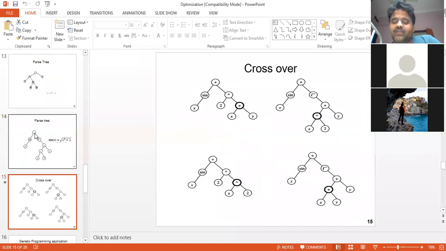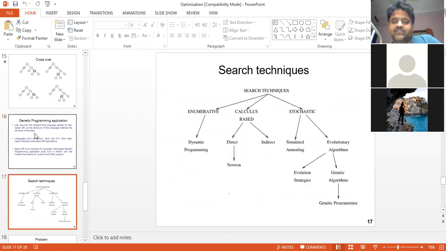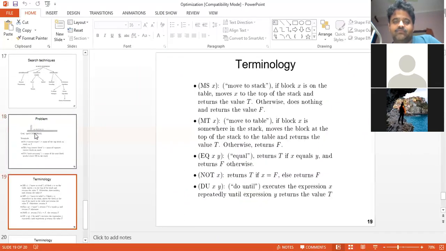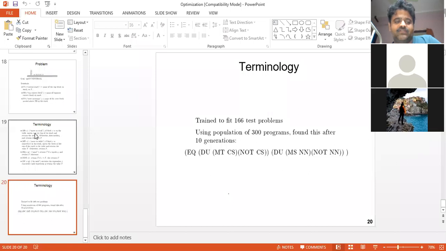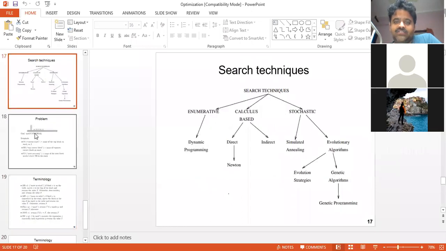How the crossover application can be useful in genetic programming: this is the best example. And where the exact applications of genetic programming can be useful. These are the different search techniques. This simple problem is useful to understand the manipulations we can do inside the memory, which can be solved by a genetic program.